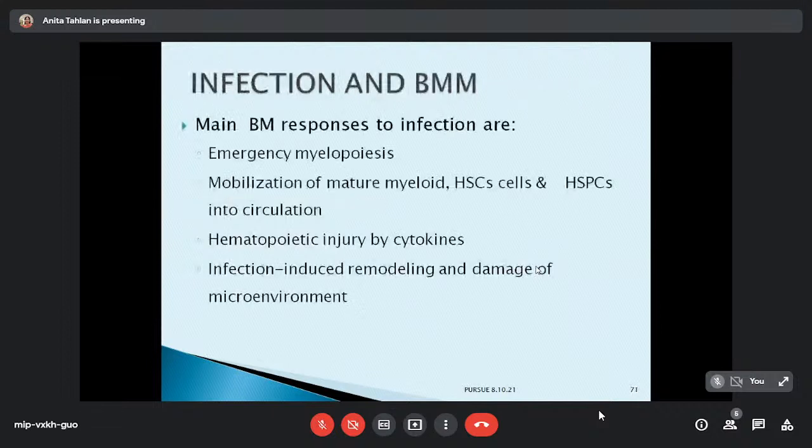So what happens in infection is that we see emergency myelopoiesis in the form of an increase in left shift. There is mobilization of mature myeloid cells. These cells go into the circulation, as can be evidenced by the shift to left. And there is hematopoietic injury by the various cytokines which are released in infection. The infection also remodels and damages the microenvironment.